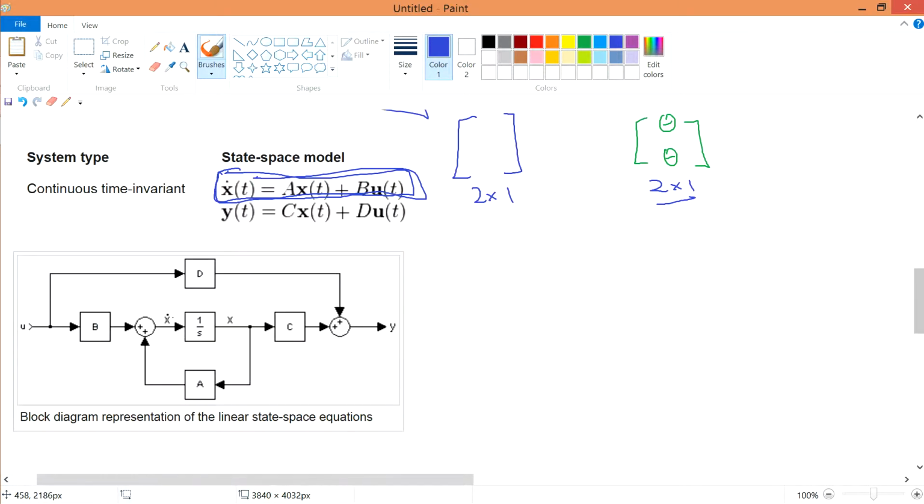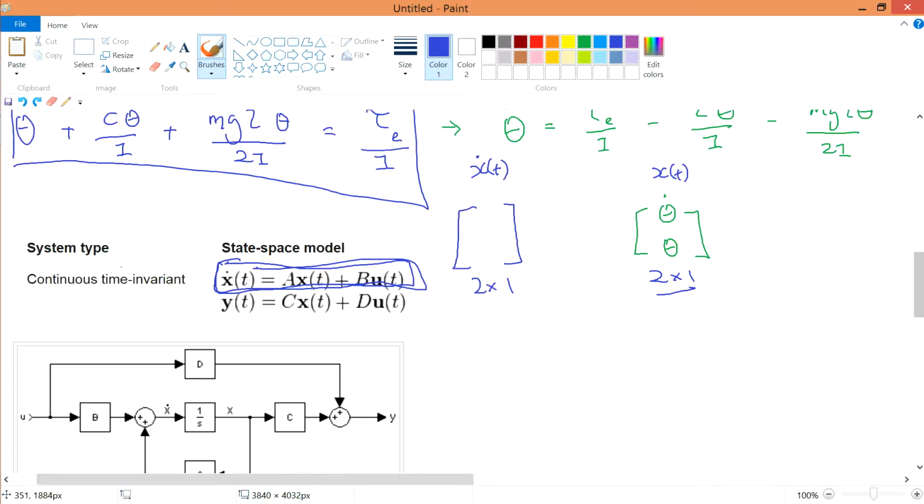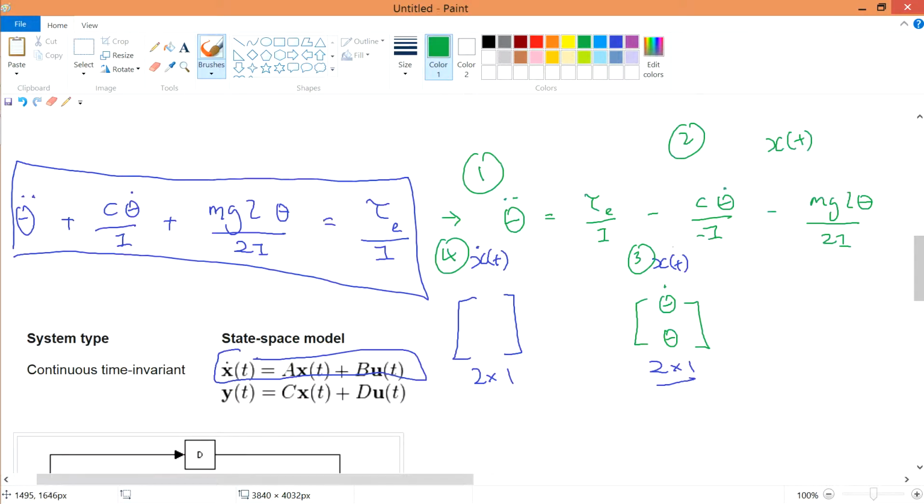As a quick view of the block diagram, this is x and this is x dot, so they are correlated to each other. I'm not going into details. For this first equation, as I keep repeating, you can utilize this method. Once you determine the x(t), you can simply write it over here. Therefore this is the third step, and this is the fourth step.